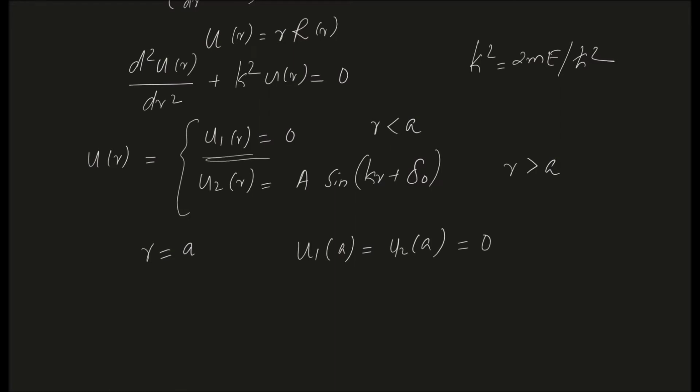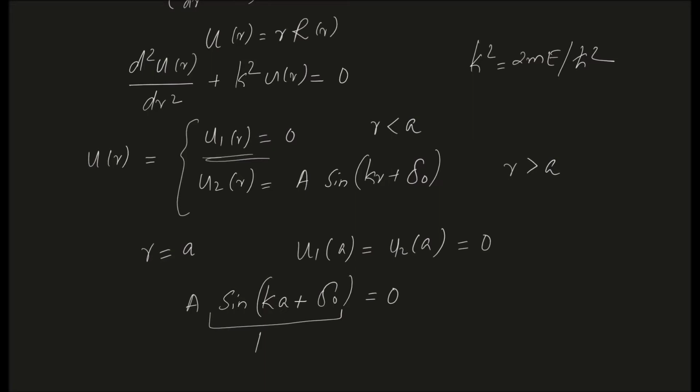So A sin(ka + δ0) must be 0, and this is 0 when the sine term is 0, right?